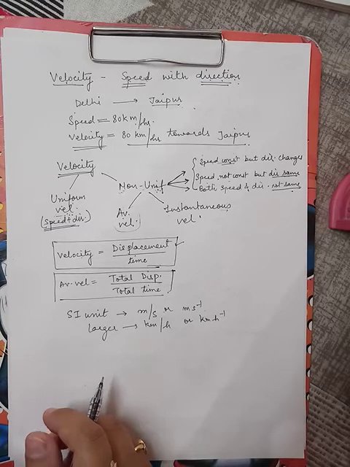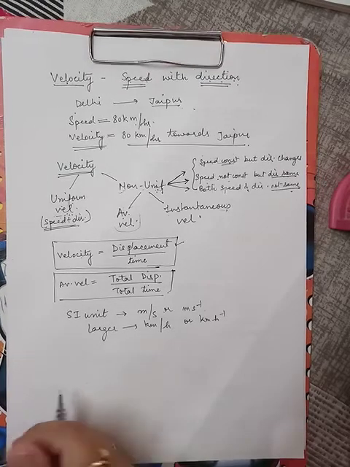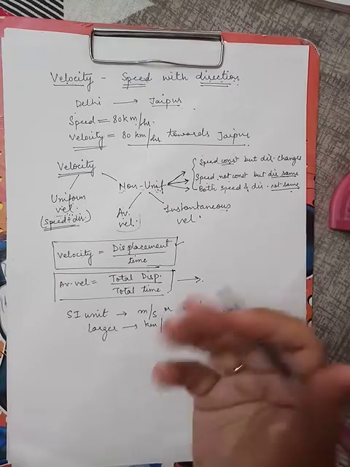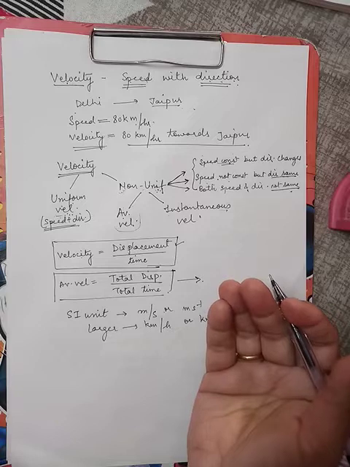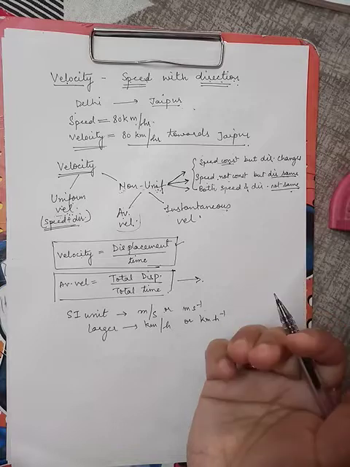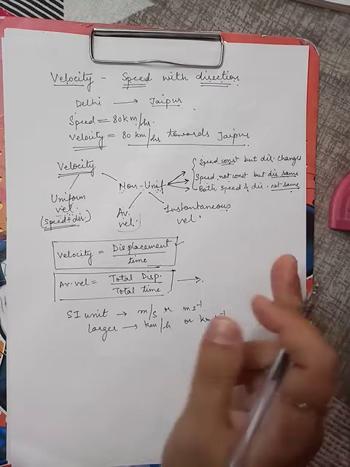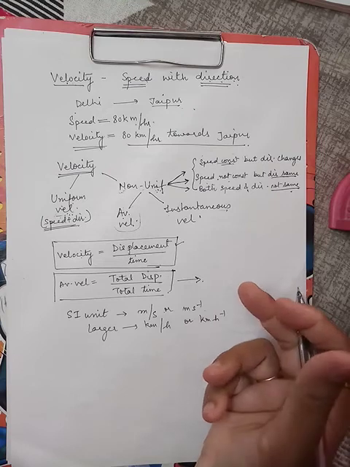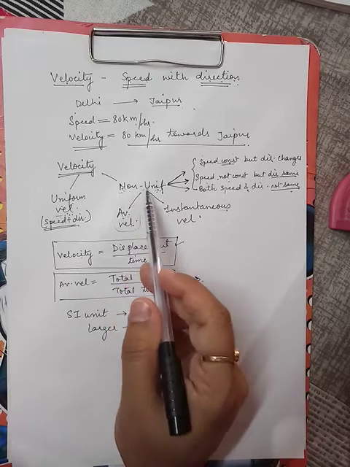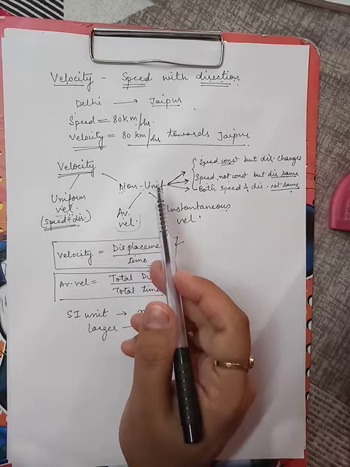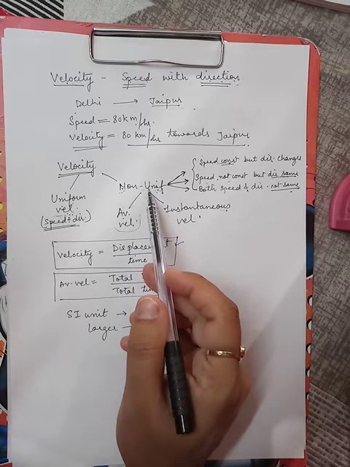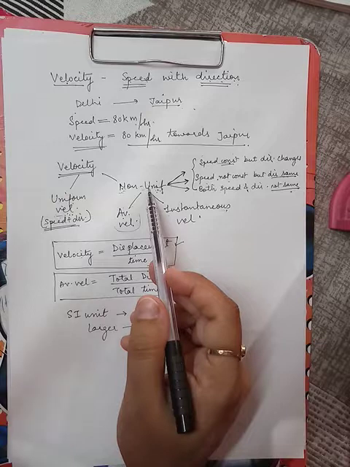Okay, now one more formula we can have over here for average velocity. In what case will this formula be used? That is the case when the change in velocity is uniform. Change in velocity means, if we are saying it is non-uniform velocity, that means the velocity must be changing all the time, right?